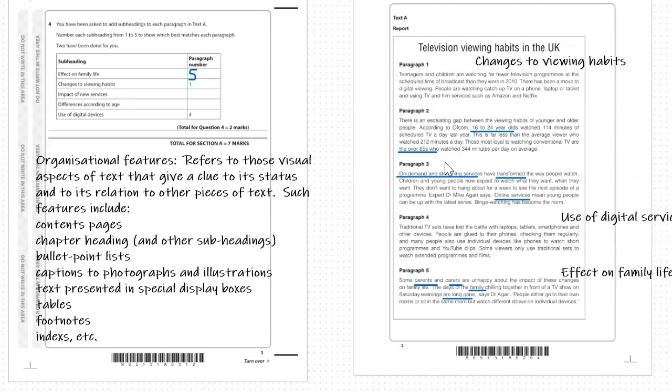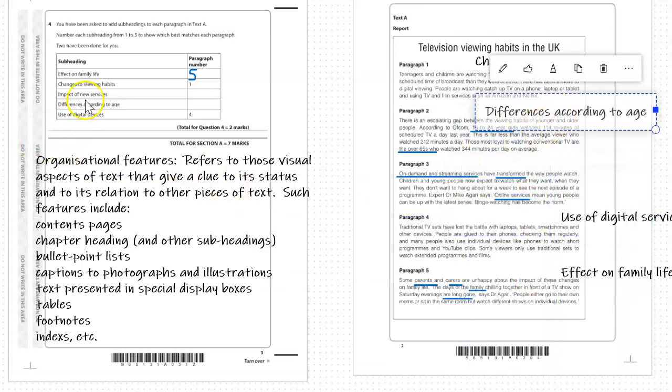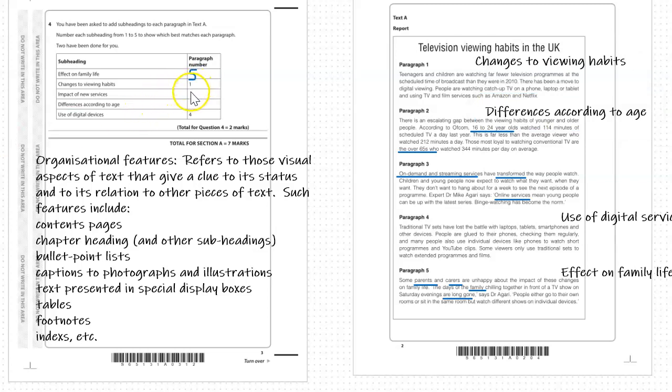Also, it's been in one of the other questions, so we know it's there. So I think paragraph 2, differences according to age, and I'm going to put the number in there as well. So we are just left with 1, but let's, no, okay, so let's rub that out. It's got in the wrong section, threw me a little bit there.